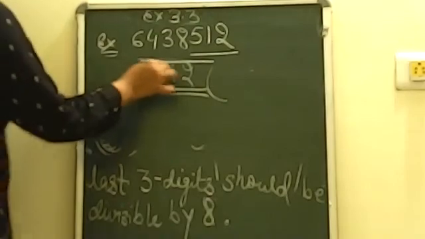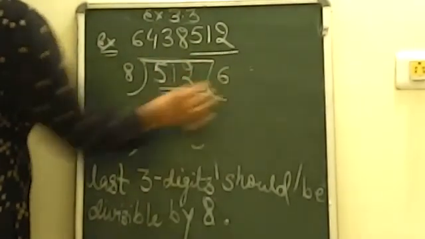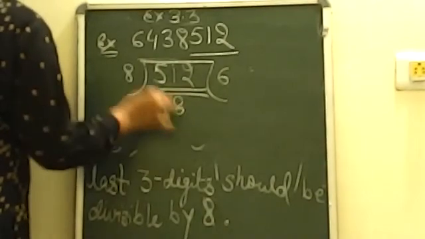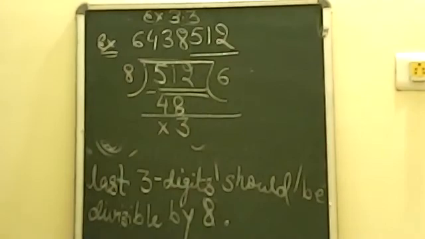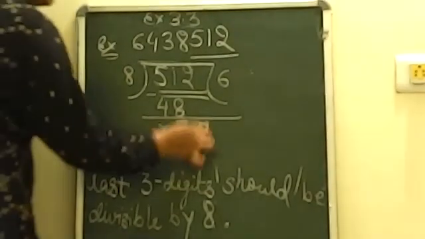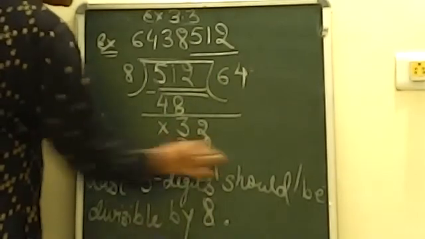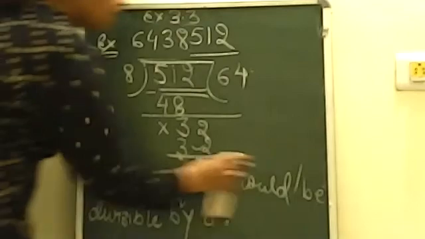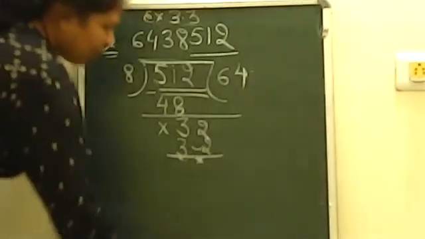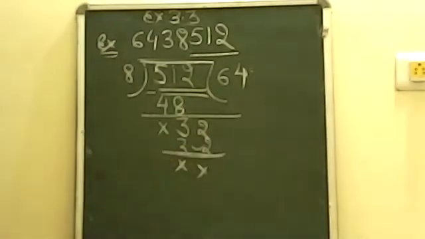Now you know it will give you 8 6s are 48. It will give you 3 after solving, and this will be 2, and you know 8 4s are 32. Now complete it. You are not getting any remainder from here.